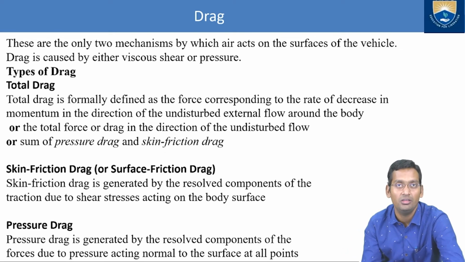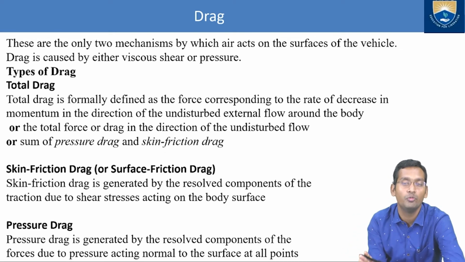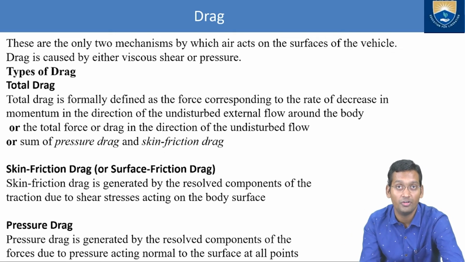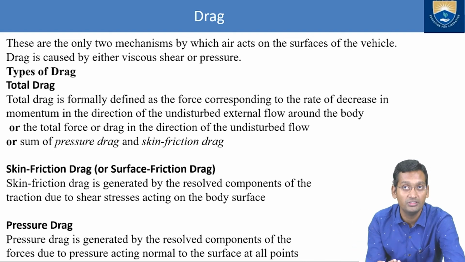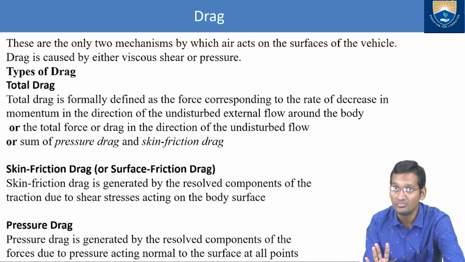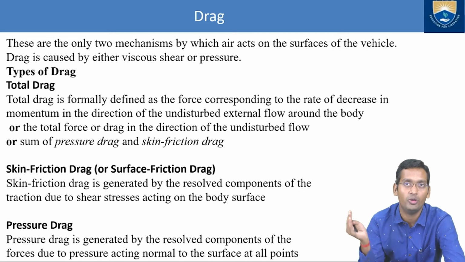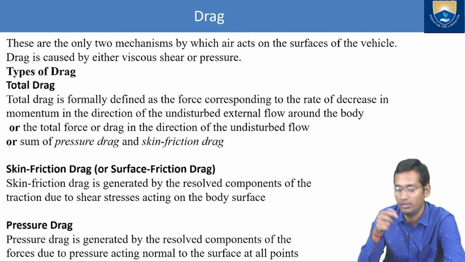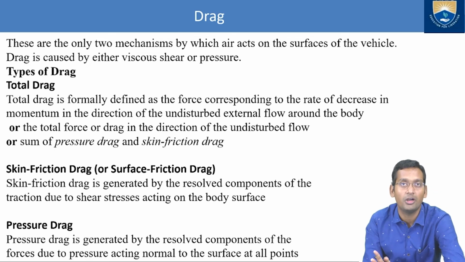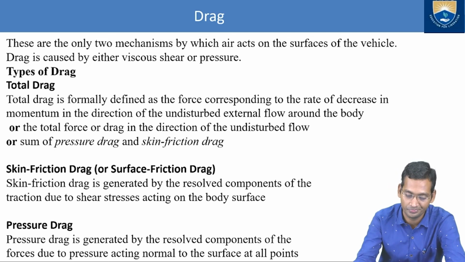And that is the drag which prevents the movement of the aircraft. Now that is also of different types depending upon where it's generated. So it's totally dependent on what? Because of the air, right? How air hits the aircraft or acts on the aircraft, based on that the drag is generated.